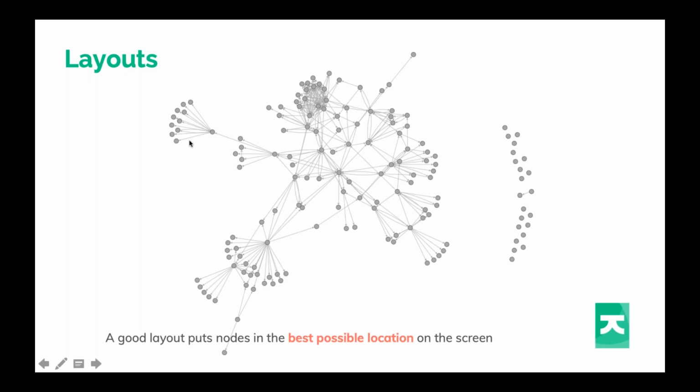We can see one node that's a hub for these other nodes, and without this hub node, these nodes would be completely isolated from the rest of the network. We can also see things like singletons, nodes that aren't connected to anything, or this little component, as we call it, of two connected nodes that aren't connected to the rest of the graph.